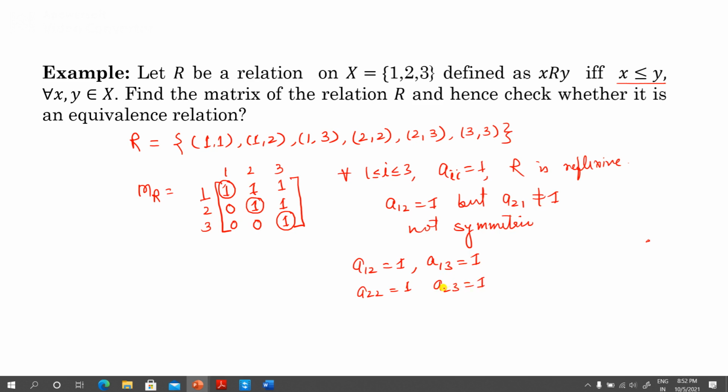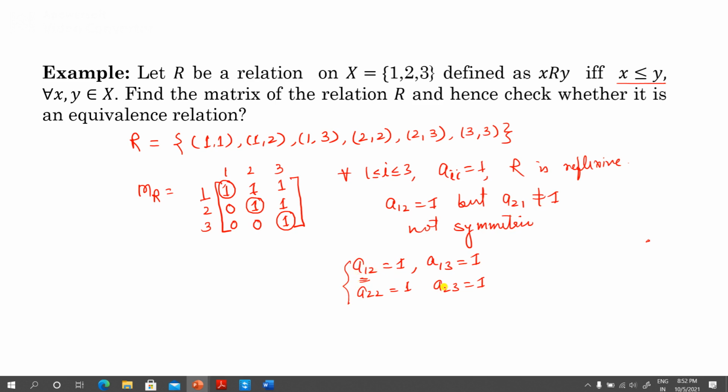So first we check only these, then we will move to the third row. So a12 equal to 1 and a22 equal to 1. It means if you apply the transitive rule, then a12 must equal to 1 if you combine these two. But a12 is already there. That's why they satisfy the transitive rule.